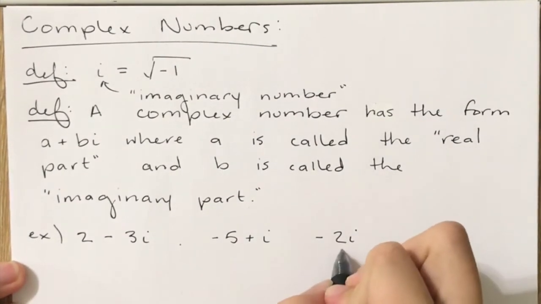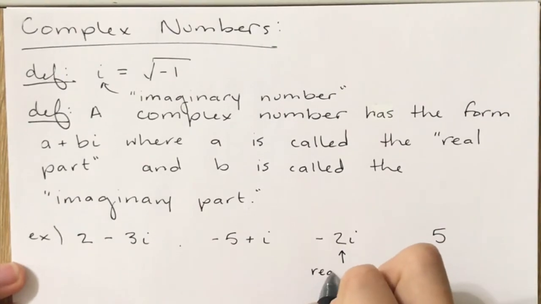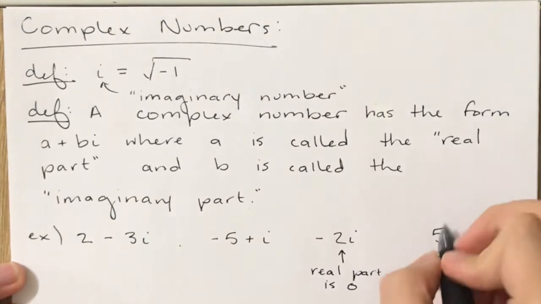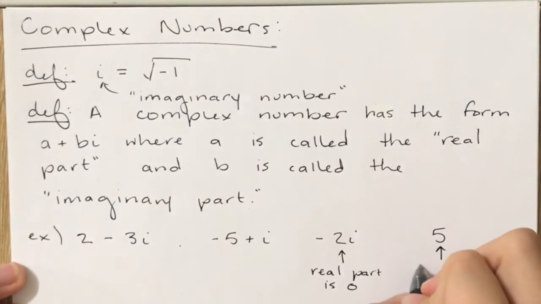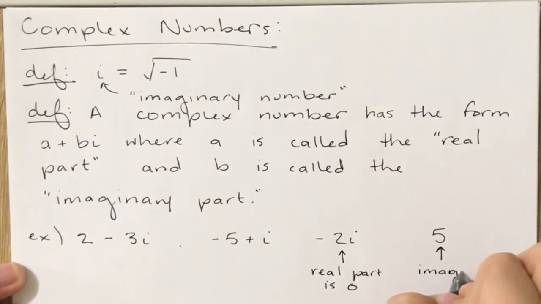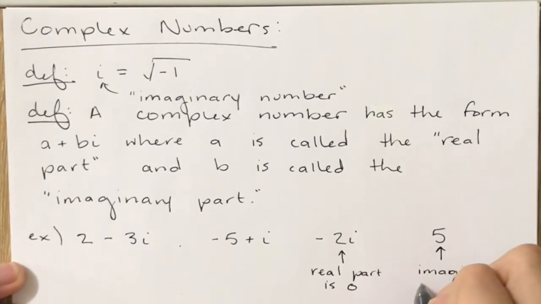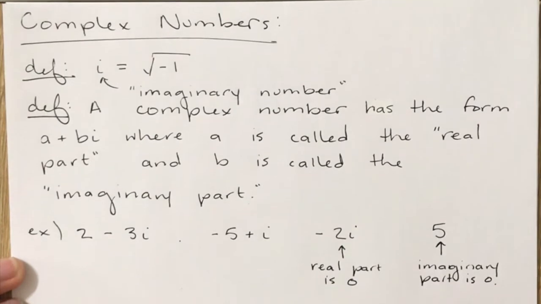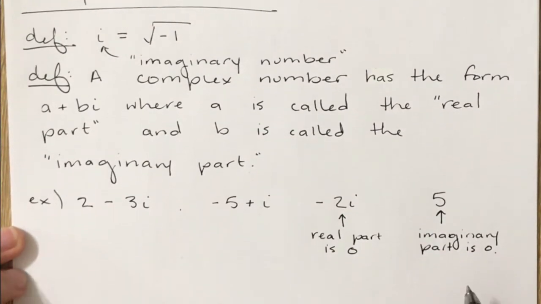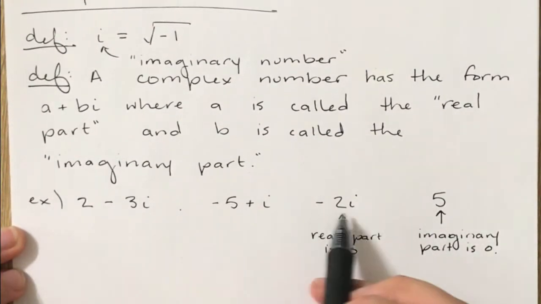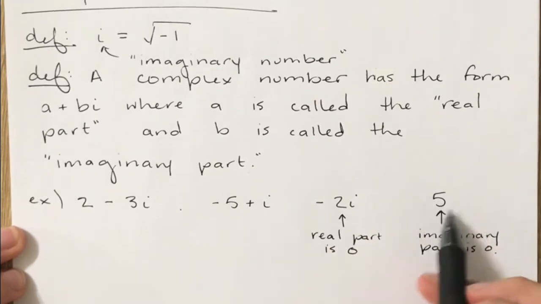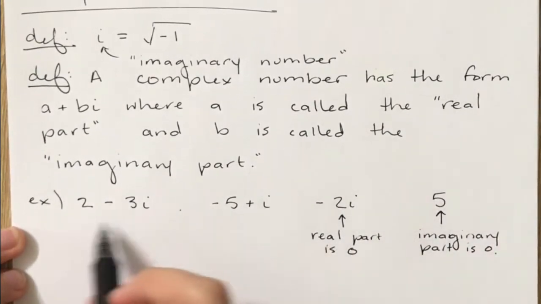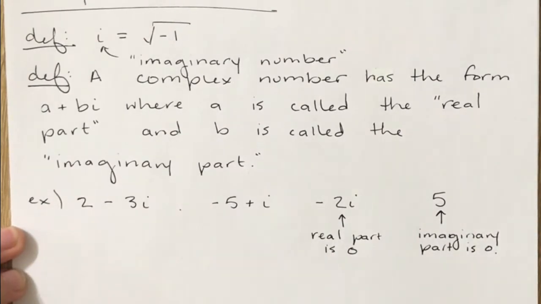So here, the real part is 0, and here, the imaginary part is 0. And these are both complex numbers. Clearly, these are a little bit different than this guy, right? This guy is a number we've seen all the time. We haven't seen any of these guys up until today.